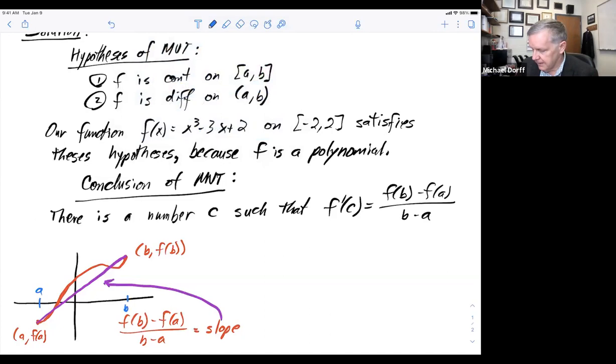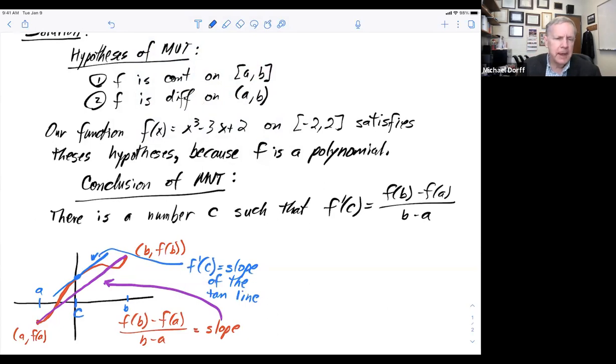So if I take a point like this here, right about there, and we'll call that point c, what does the blue line represent? The blue line represents the derivative at c, which is the slope of the tangent line. And notice that that blue line slope has about the same slope as the purple line. So that's what the mean value theorem says.